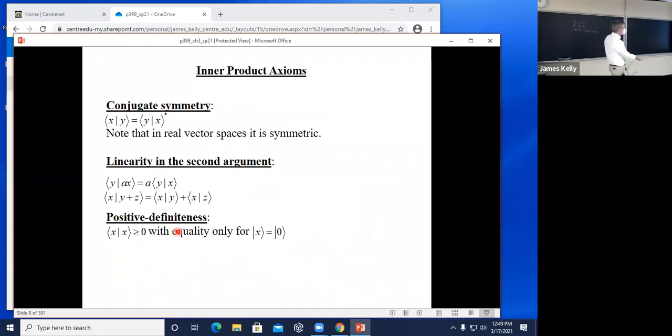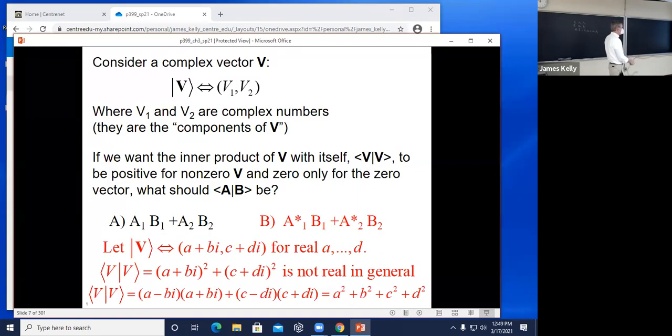And it also shows that we're only going to have this inner product of a vector with itself equal to 0 if the vector is the 0 vector. Going back here, suppose that this output is 0.